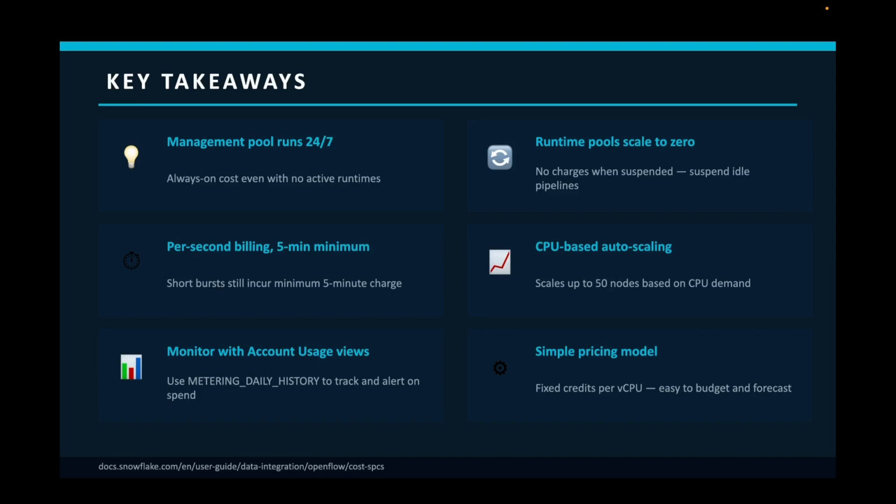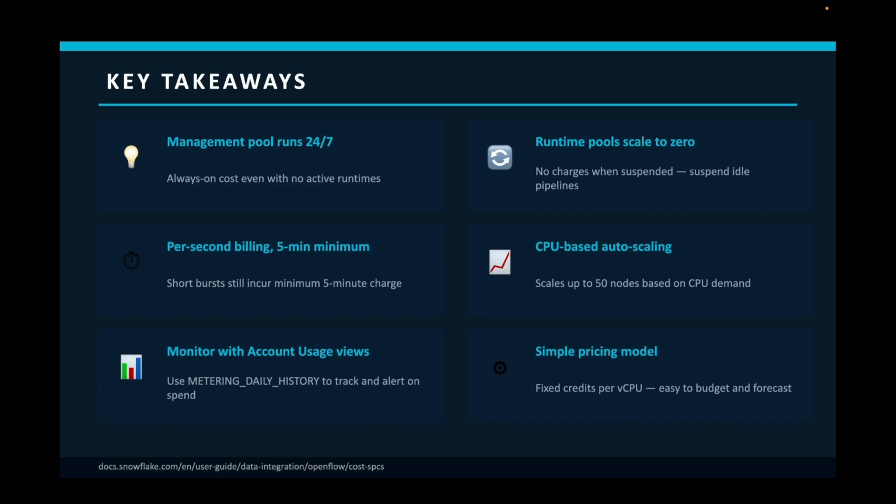And the pricing model is fixed credits per vCPU, easy to budget and forecast. So it is by the vCPU. To elaborate more on this, let's say a small has 2 vCPU, one per node, and it will cost by node. But if you want a third CPU, it has to provision another node.